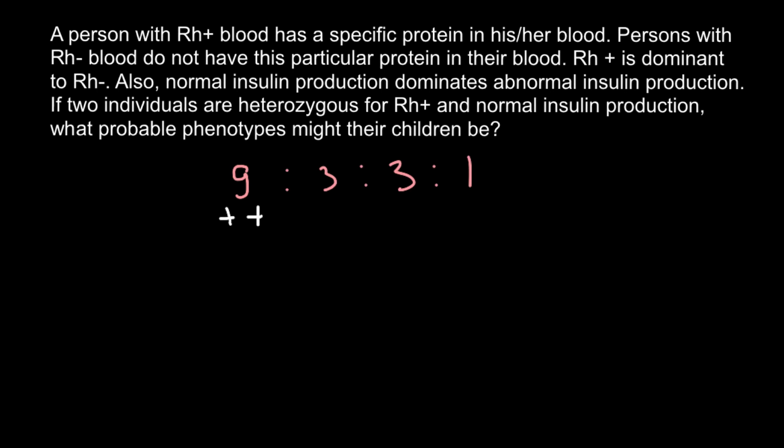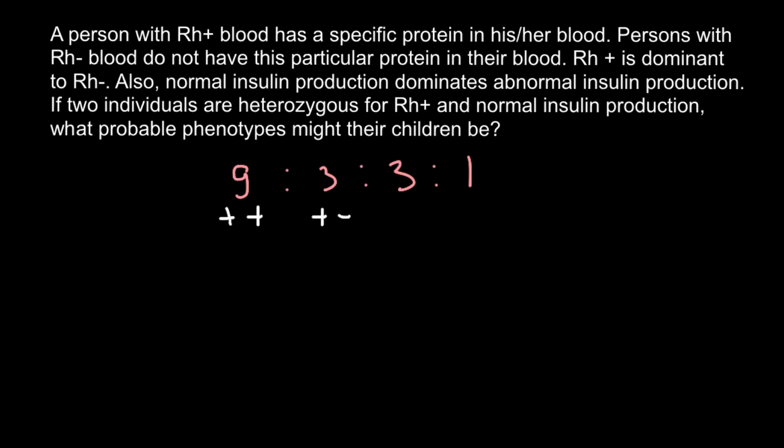And 3 stands for the ratio of people who are going to be Rh positive but negative for insulin production.